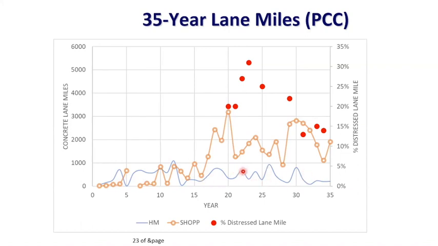That means a lot of our PCC pavement starts to need to be replaced or go through rehab type of treatment, right? And then by the year 2005 or so, our pavement really reached the worst state, and then we start to come back, right?